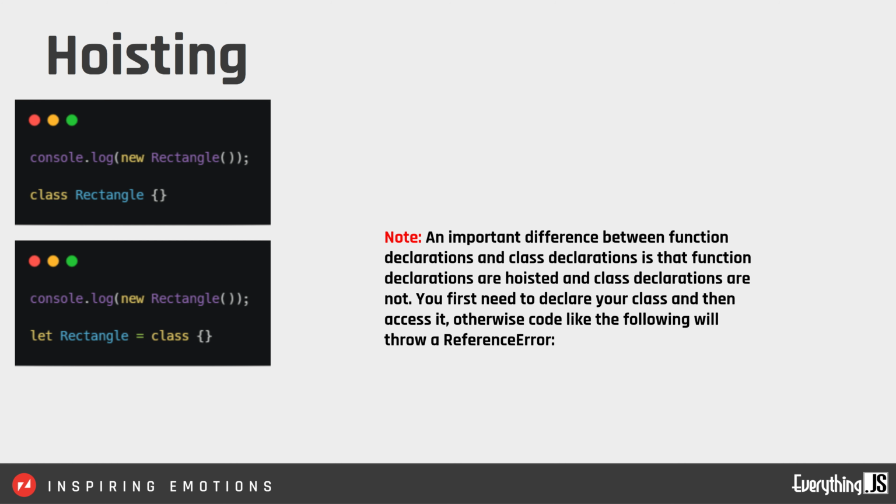Another question. You mentioned that it's a syntactic sugar implementation on top of the existing prototype implementation, right? Does that mean that when the JavaScript gets executed, it transpiles to ES5 before executing? Not actually. Can it go through the class implementation line by line, similar to how the interpreter goes through the ES5 implementation? In the browser, if you open up the dev console, you will see class syntax.